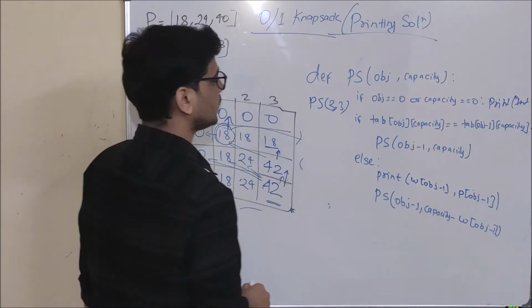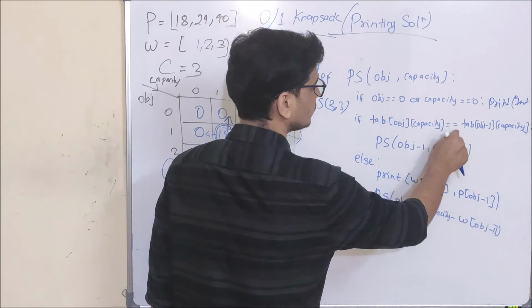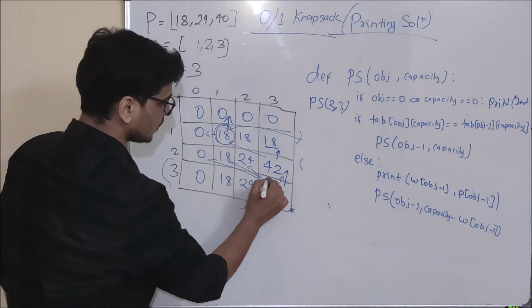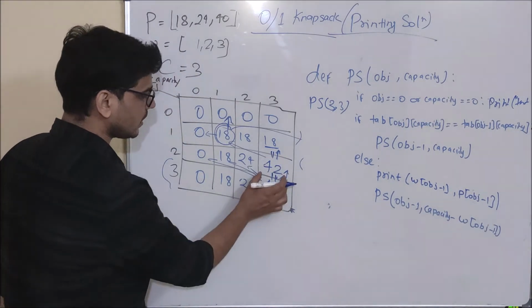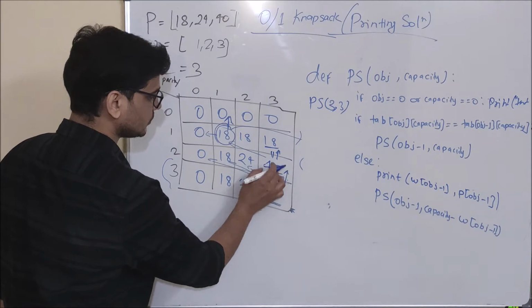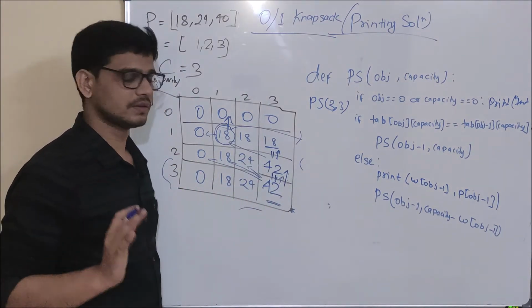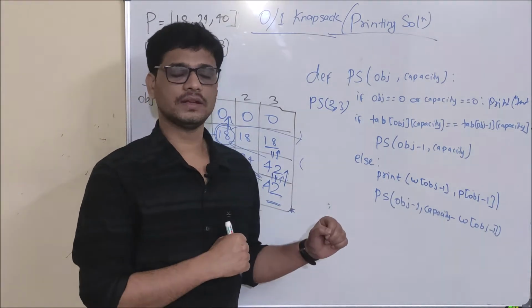After that, what is it going to check? It is going to check whether tab of object capacity is equal to tab of object minus 1 capacity. What it means? I am checking whether these two values are equal or not. If I am at this particular cell, I will check whether the value in the cell above it is equal to it or not. If it is equal, that means I have not taken this object, otherwise I have taken this object.